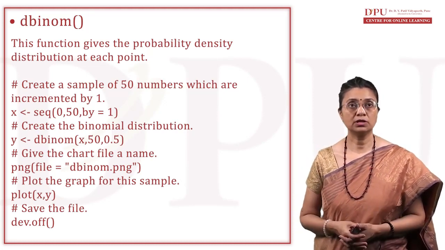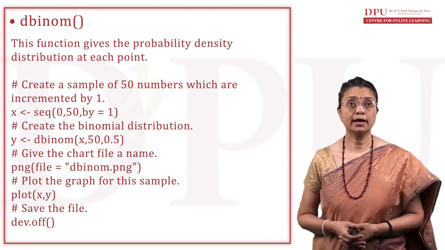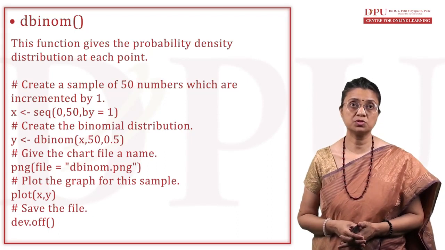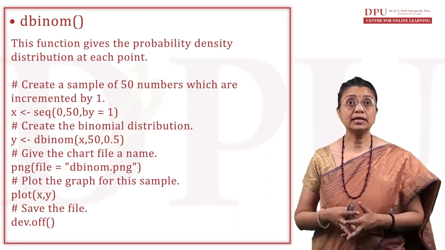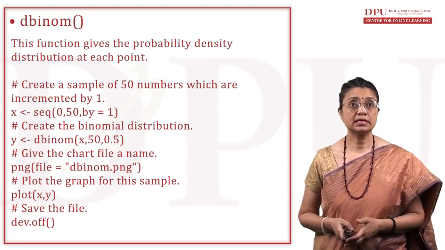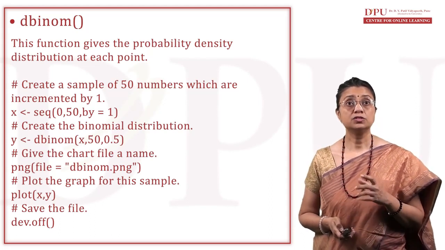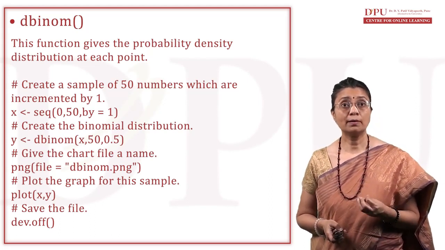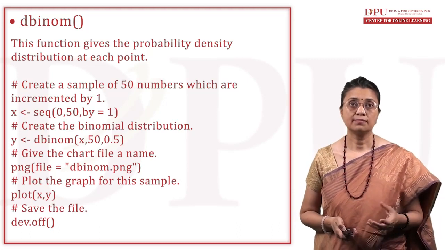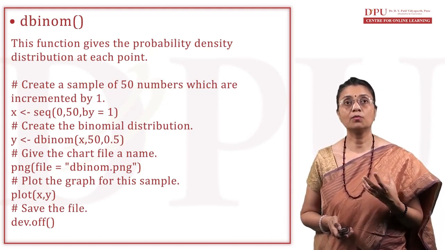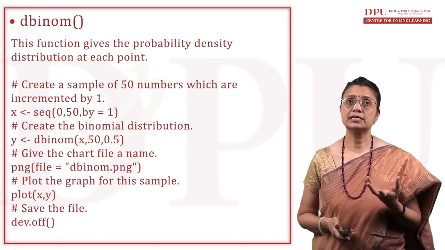We create the binomial distribution, and in the dbinom function, we have passed x, which is the sequence of numbers from 0 to 50, 50 is my sample, which is basically my size, and 0.5 is my probability of success of each trial.